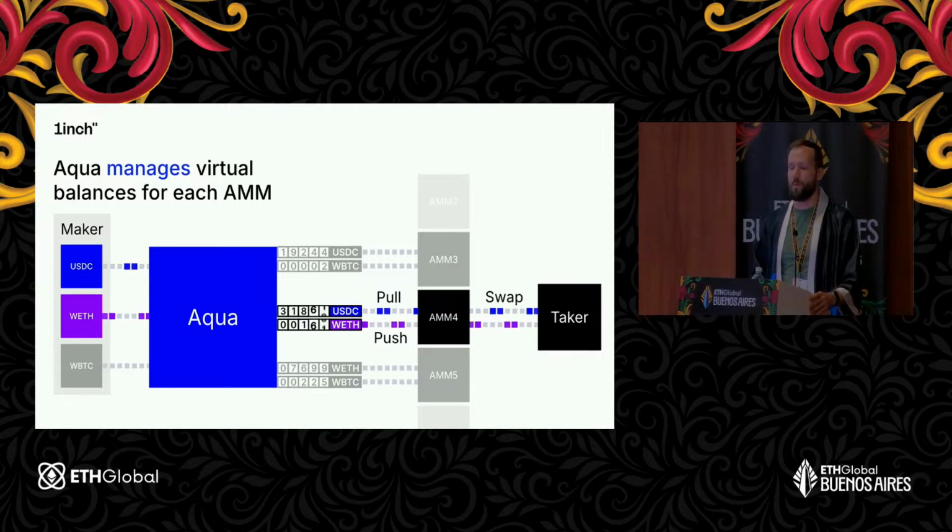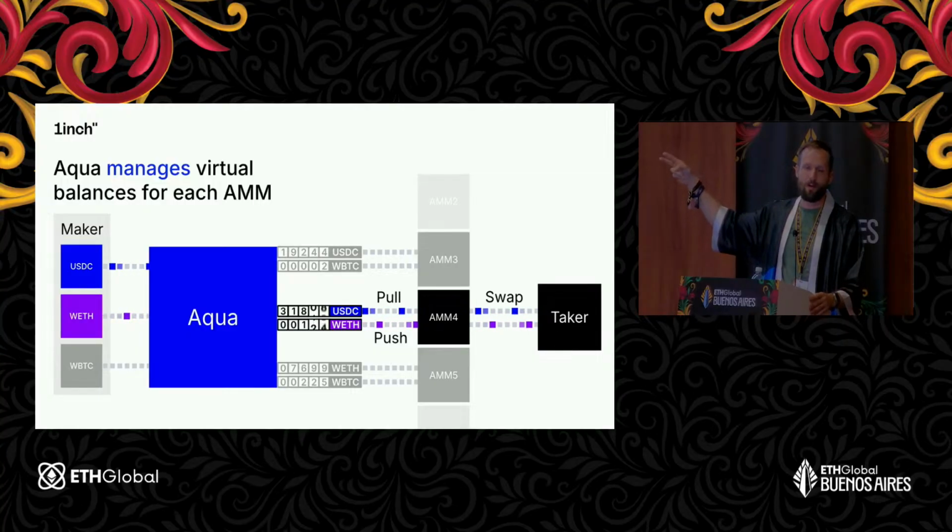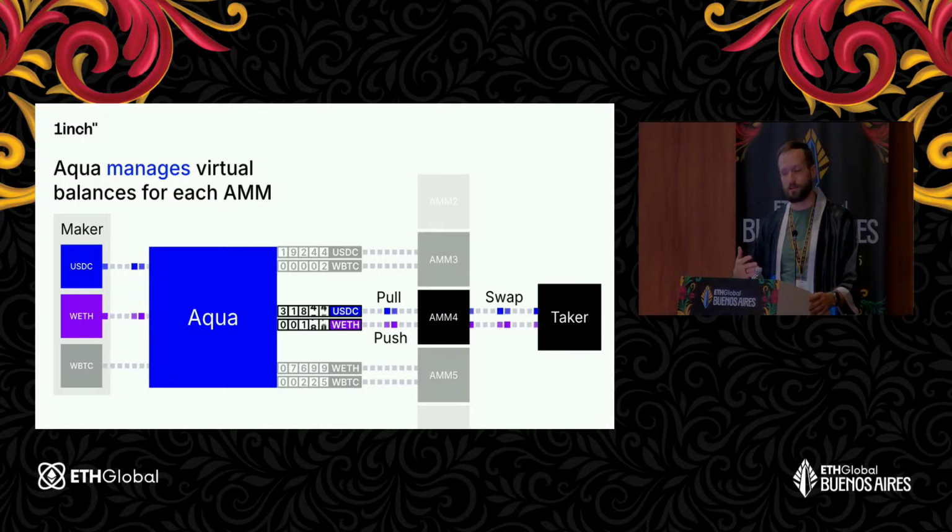Whenever a taker comes to an AMM to make a swap, the AMM can get access to the virtual balances dedicated to a specific strategy, compute swap amounts based on these virtual balances, and then use a pull and push interface to get access to those funds right from the Maker wallet.